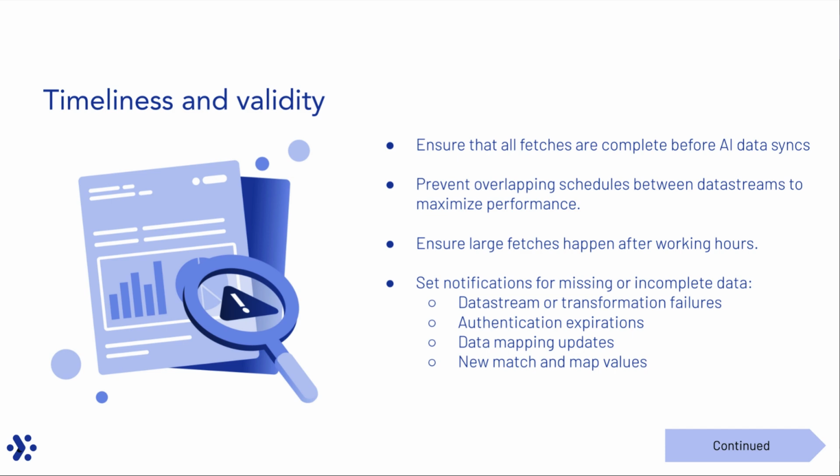We also recommend that when you do run larger historic data fetches containing a lot of data, you save those for after hours when no one's actively working with your data. That's just because these large fetches can take a lot of time, and it helps prevent potential disruptions in your account if people are actively working with that data.